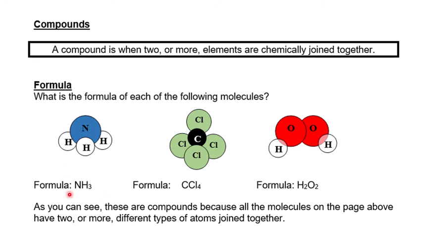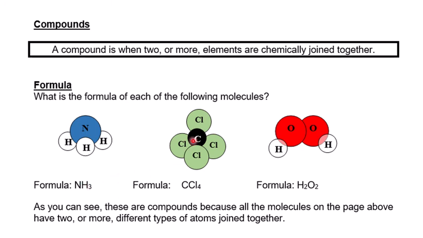So ammonia, NH3. The reason it's NH3 is that it consists of 1 nitrogen atom and 3 hydrogen atoms joined together. So capital N for the nitrogen, capital H for the hydrogen, and then a small 3 to show that the 3 hydrogens are joined to the nitrogen.